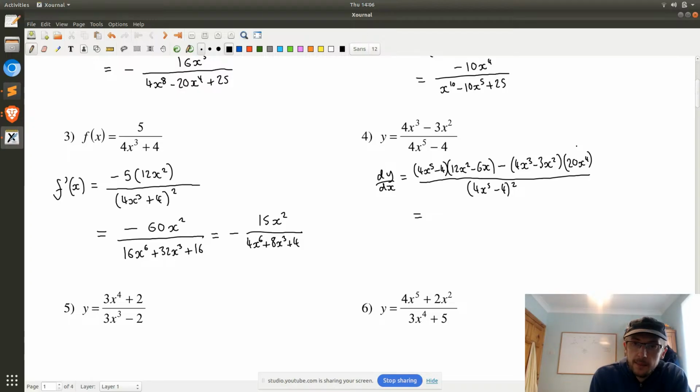So 48 minus 80, which is minus 32. There's my 6th power right there.